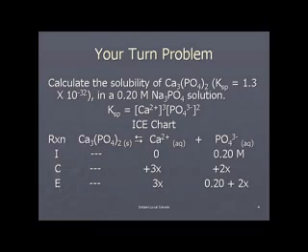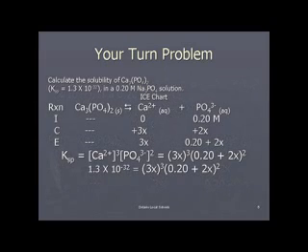Our initial phosphate ion concentration is 0.20 moles per liter. Our change is going to be plus 3x for the calcium ion and plus 2x for the phosphate ion. So at equilibrium, our concentration of calcium 2 plus would be 3x, and our concentration of the phosphate ion would be 0.20 plus 2x.